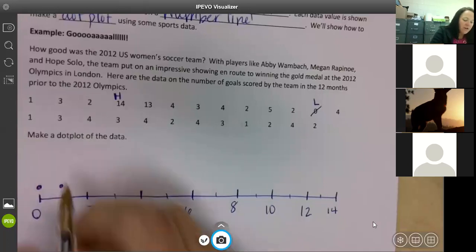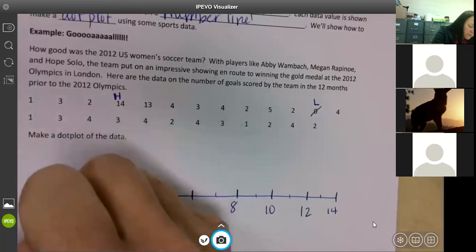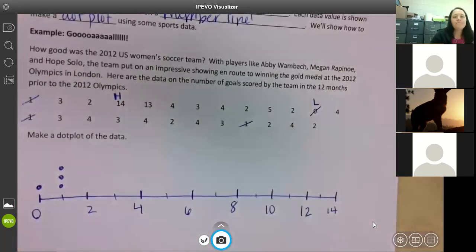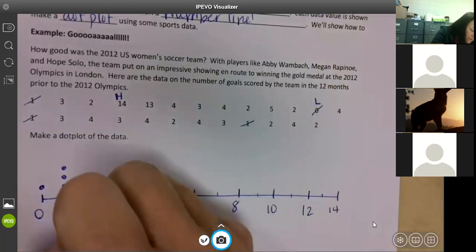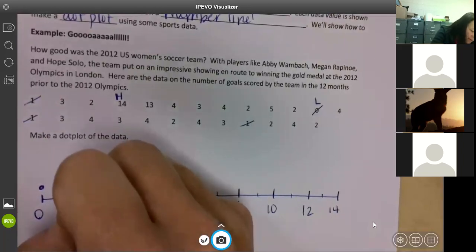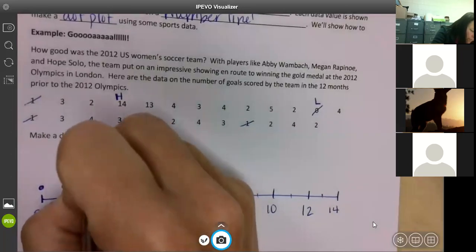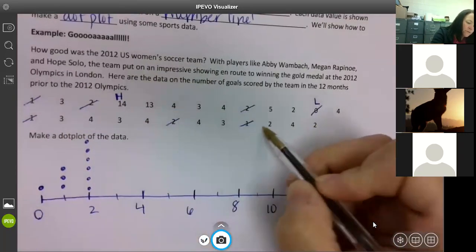Make sure you line up these horizontally. And then I'll mark out all the 1s. How many 2s do you have? 6. Yes. Try to line them up horizontally. And then mark out all your 2s.